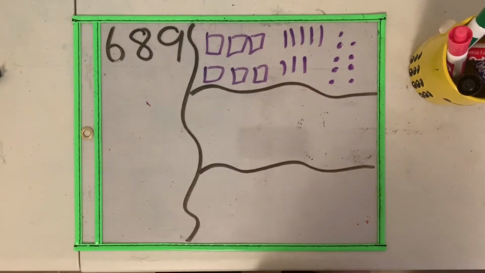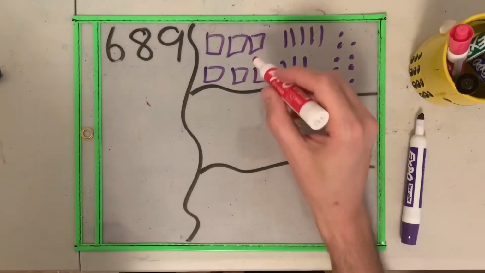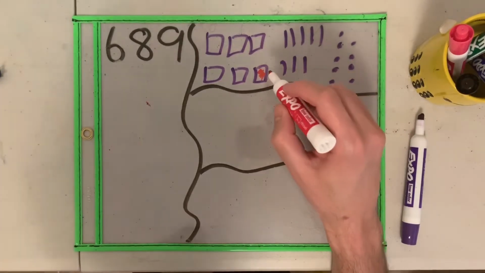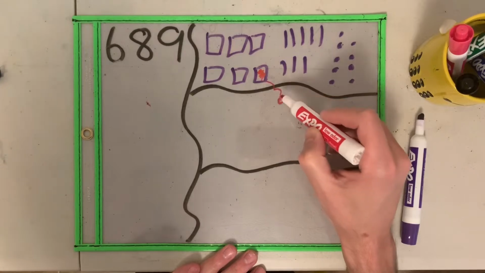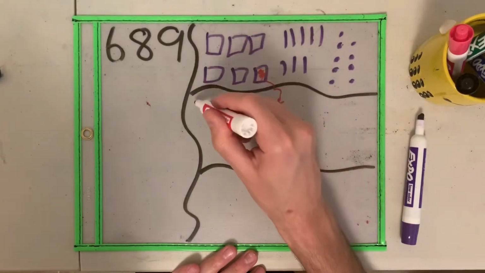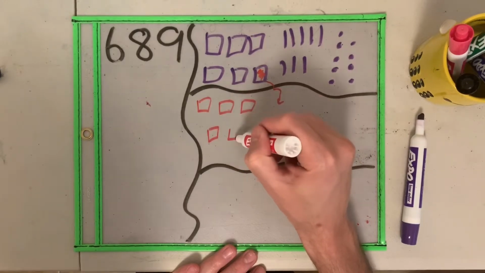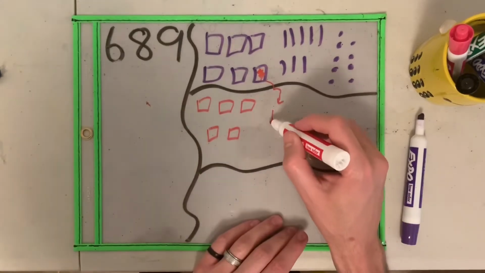Then the second way I'm going to do it, I'm going to change these hundreds. And remember, 100 equals how many tens? 10 tens. Very good. Now I have 5 hundreds because I'm changing this one into tens.